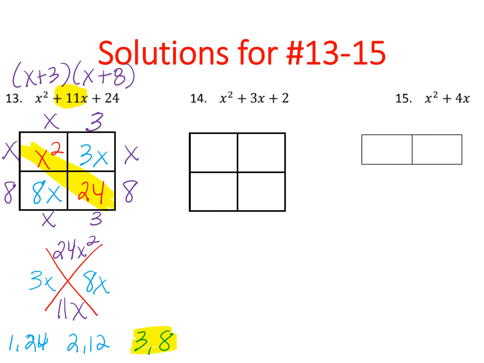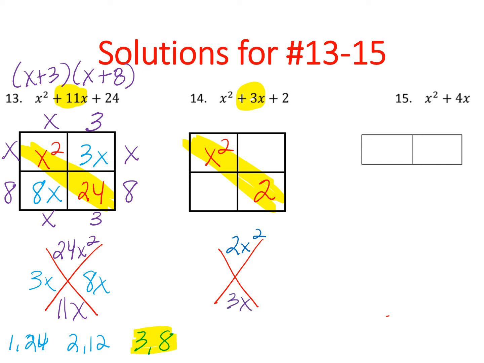All right, on the home stretch, number 14, we fill in the x squared and the 2. Make our x. Again, we're looking to see what multiplies to give me 2x squared. And we want to see what will add up to give me 3x.